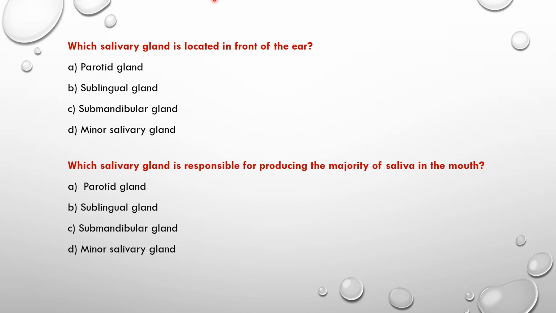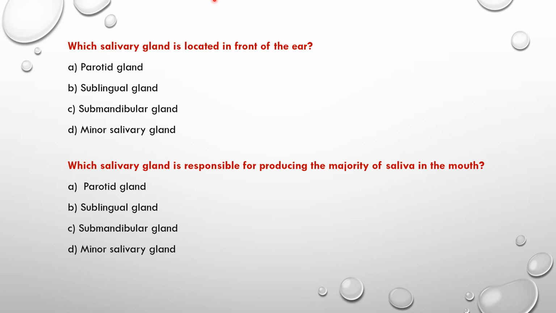The sublingual gland is located deeply in the mucous membrane of the floor of the mouth on either side of the frenulum, while the submandibular salivary gland is located on either side between the mandible and the muscle forming the floor of the mouth. While minor salivary glands, like labial or lingual, are in the lip and in the tongue. So the salivary gland located in front of the ear is the parotid gland.